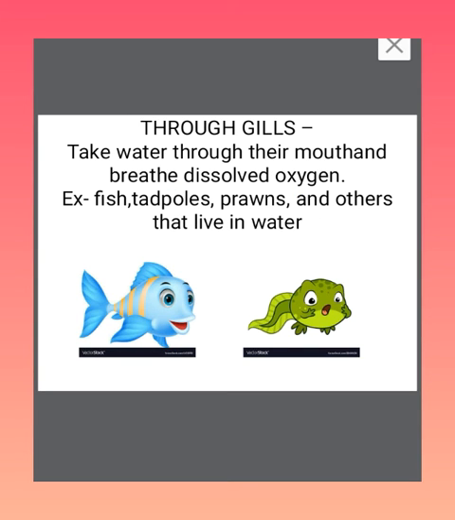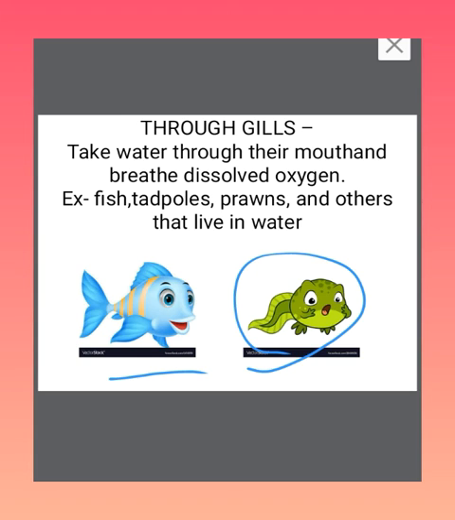Now next, we have some animals which breathe through gills. They take water through their mouth and breathe dissolved oxygen. What do I mean by this? For example, fish, tadpoles, prawns, and most animals that live in water breathe the air dissolved in water, and they have gills instead of lungs.